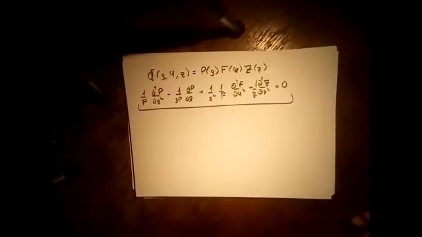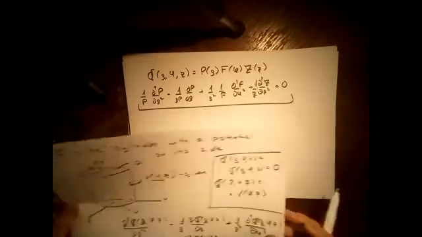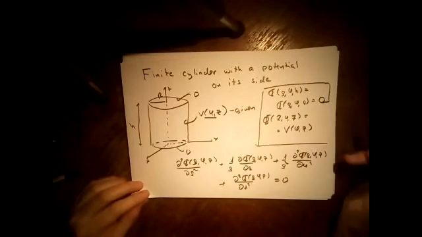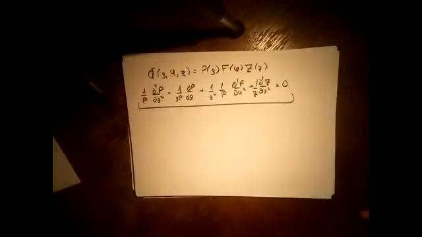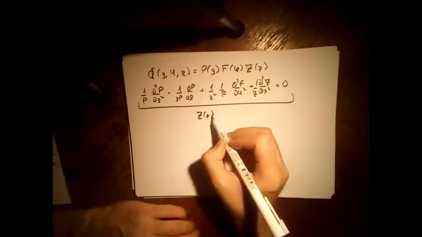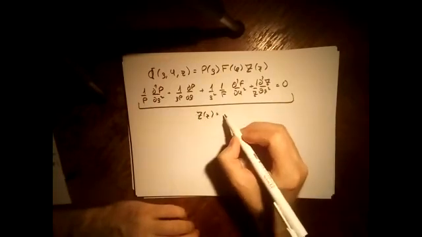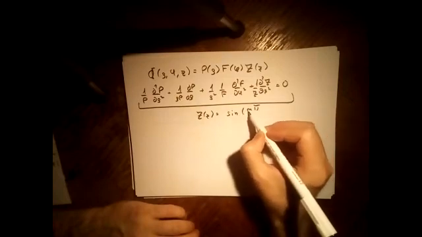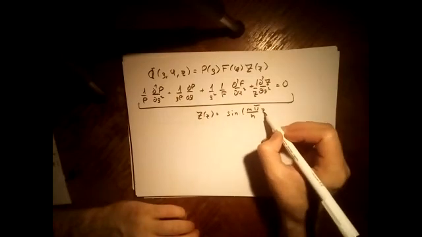But first of all, this boundary condition is actually easily satisfied if we take Z(z) to be sine of m pi over h times z.